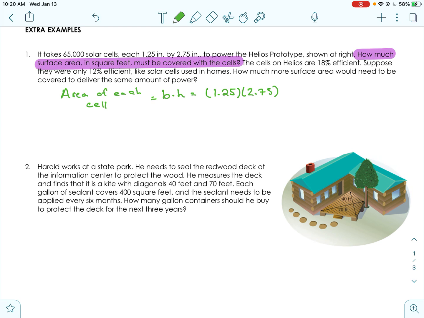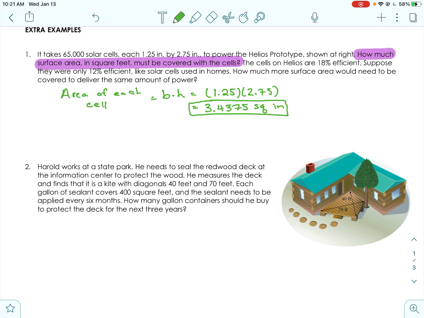After we multiply that, 1.25 times 2.75 is equal to 3.4375 square inches. So we know that each of these takes up 3.4375 square inches. Now we know that there are 65,000 solar cells.